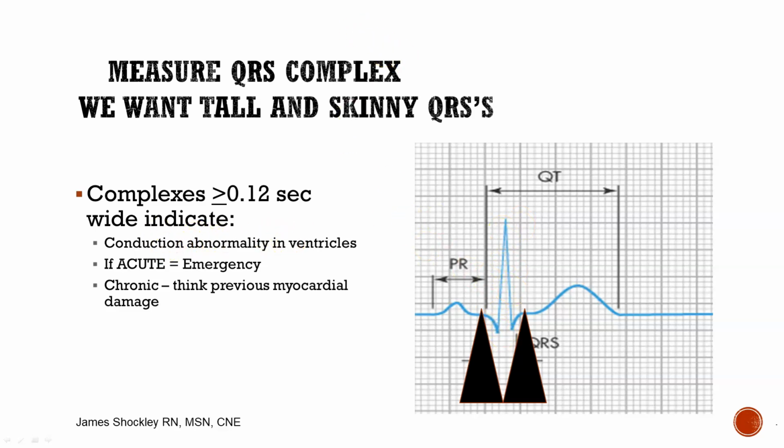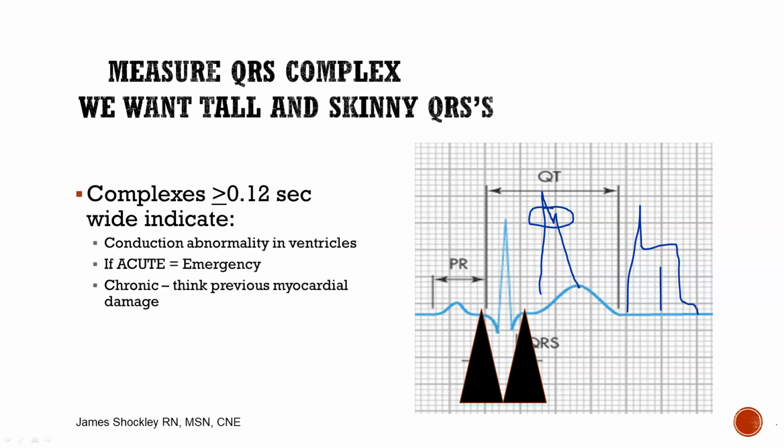You could have changes in the QRS, and I'm not going to ask you about these because, again, this is more ACLS-ish. But there are things out there called bundle branch blocks. We've already looked at ST elevation. So a bundle branch block basically looks like bunny ears. You've probably seen this, right? It just means that there's a delay in conduction in those bundle branches. Versus ST elevation, which looks like a tombstone.